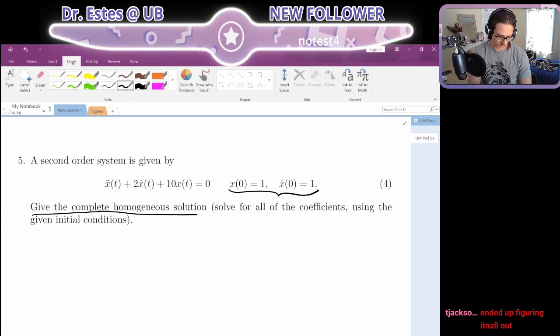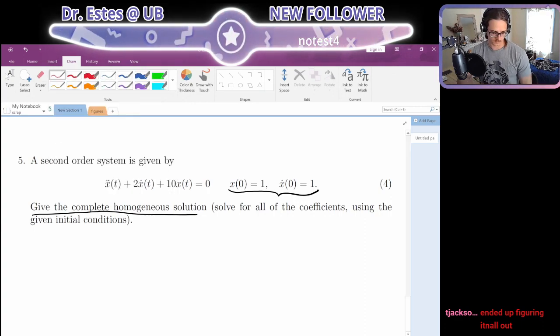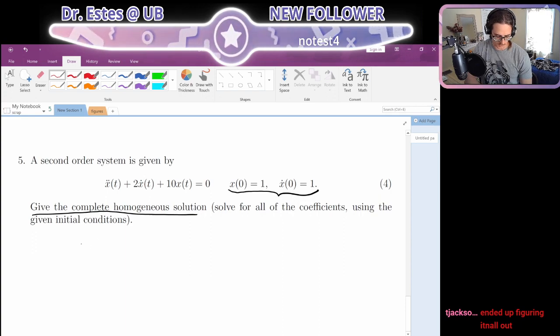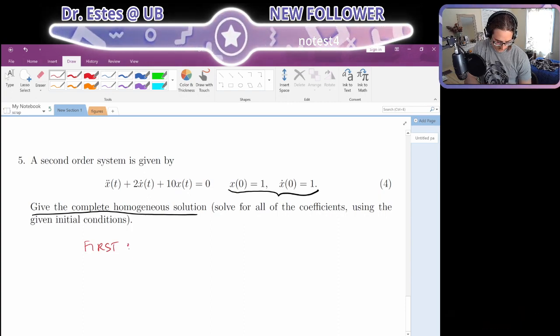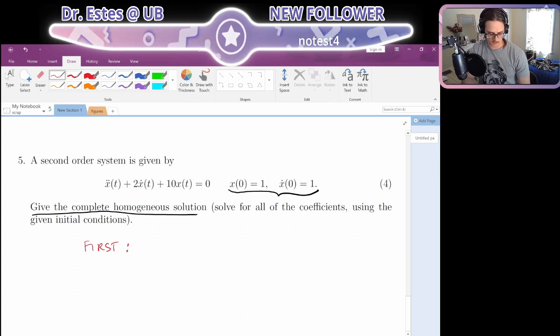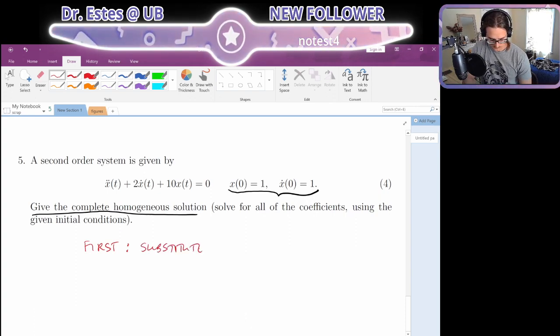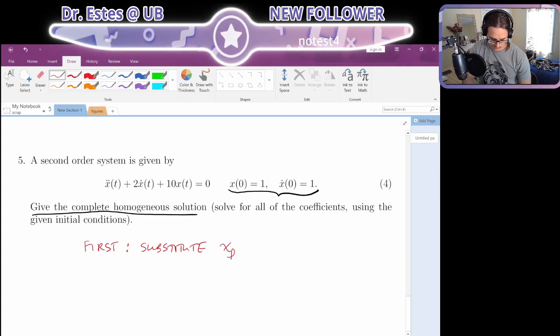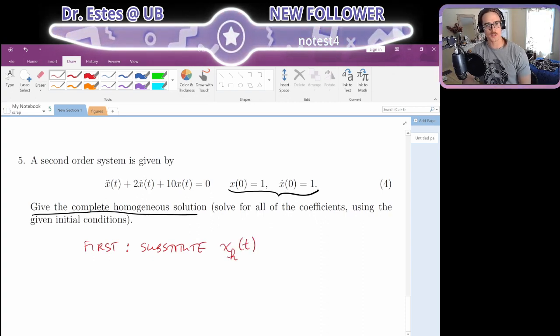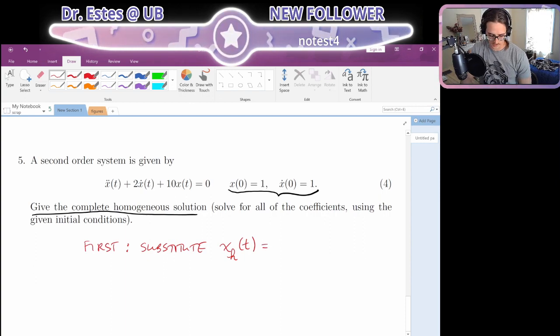So the way to solve this, first, what I do is I substitute an expression for the homogeneous solution, and it's always going to look like this: some coefficient times e to the lambda t.